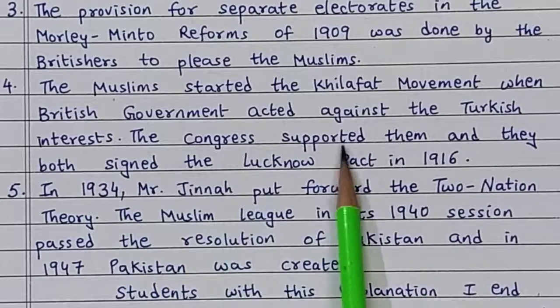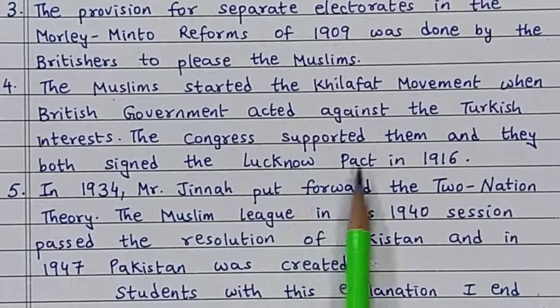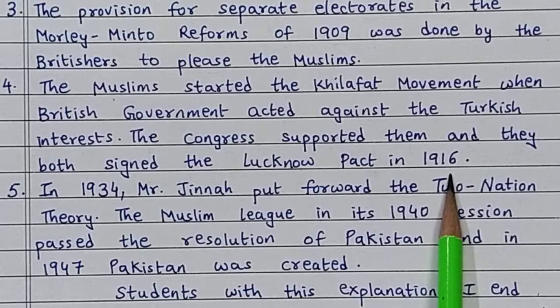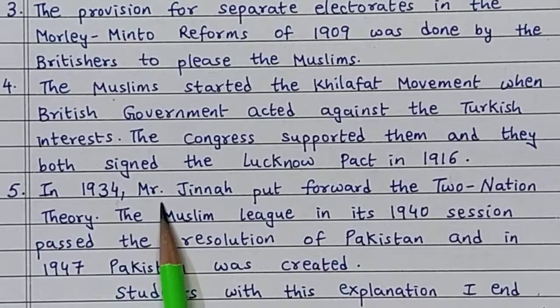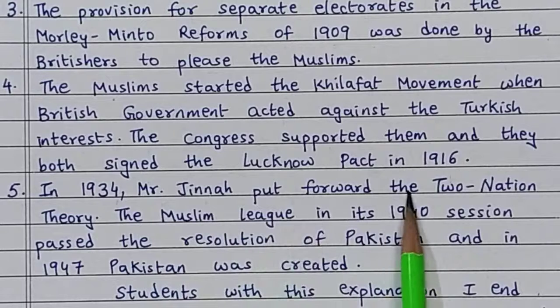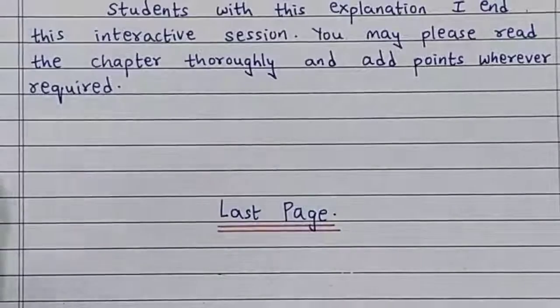The Congress supported them and they both signed the Lucknow Pact in 1916. Fifth, in 1934, Mr. Jinnah put forward the two-nation theory. The Muslim League, in its 1940 session, passed the resolution of Pakistan, and in 1947, Pakistan was created.